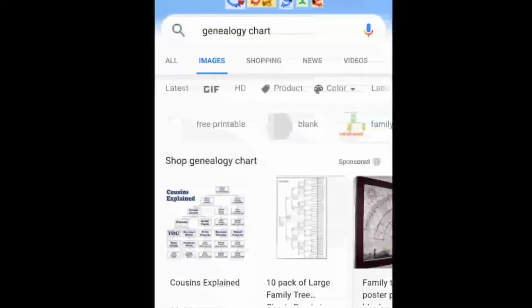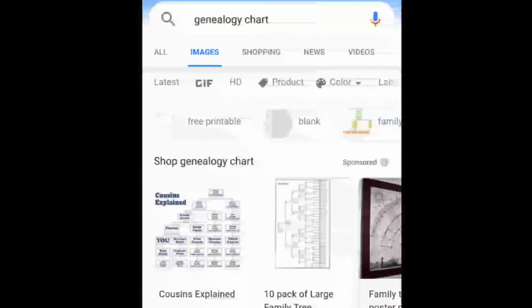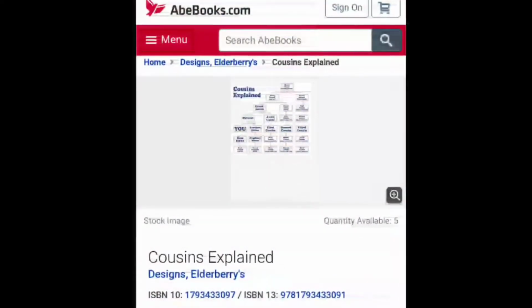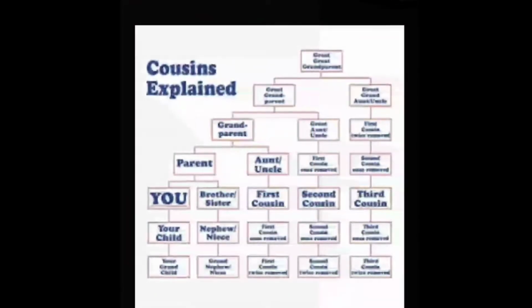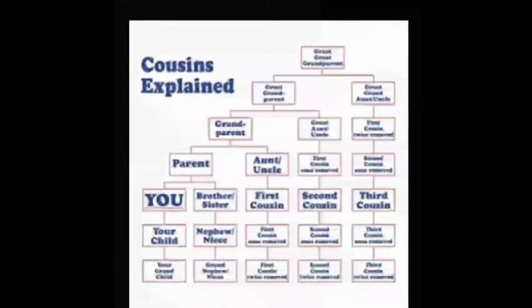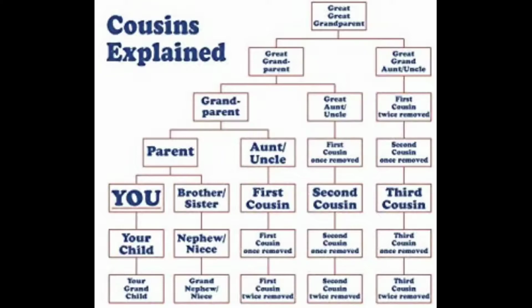And this was the first thing Cousins explained. That was the first thing that caught my interest. So, of course, it had nothing to do with what I was doing, but I found it fascinating. So let's look, because I always wondered, second cousins, third cousins, what it all means. I never really understood it. So here is a little chart that explains first cousins, second cousins, once removed, twice removed, 3 times removed.